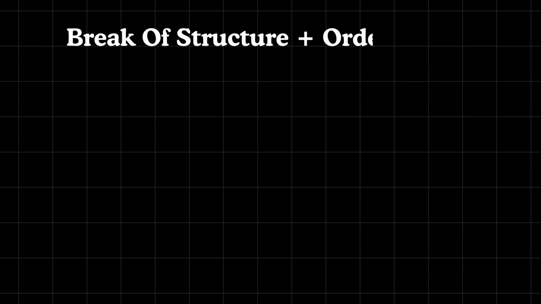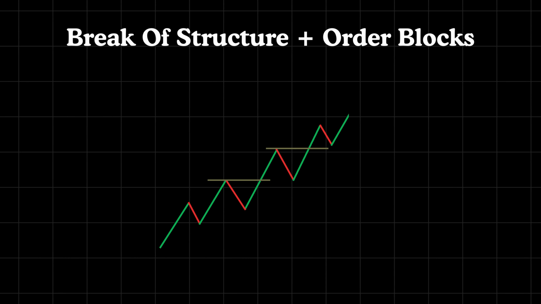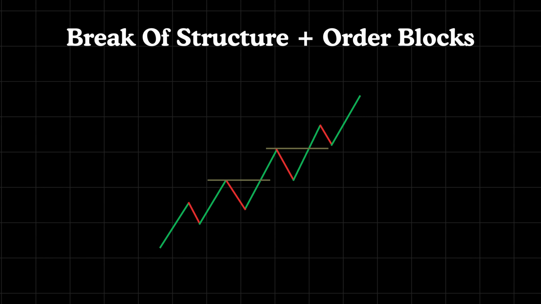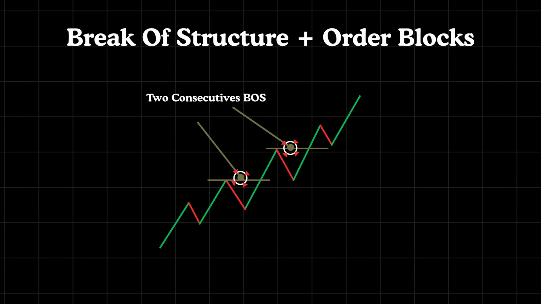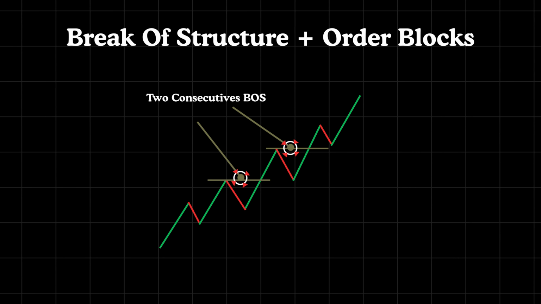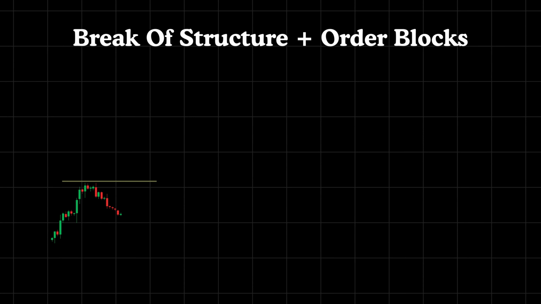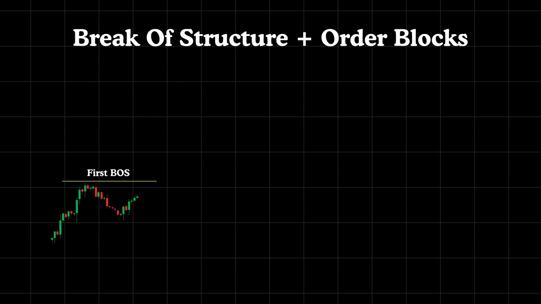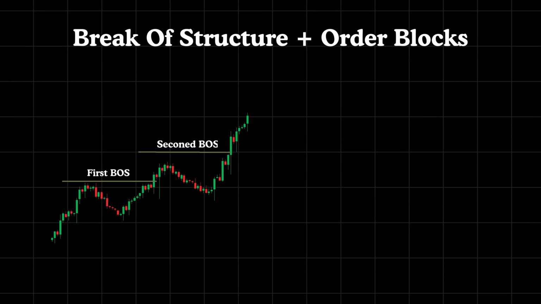Our two consecutive break of structures strategy pushes the concept a step further. This method is built on the idea that when two breaks of structure occur in sequence, they create a stronger and more dependable order block. Here's how it functions. When price first breaks a swing high, that forms the initial break of structure, and when it later breaks another higher high, a second break of structure is confirmed.